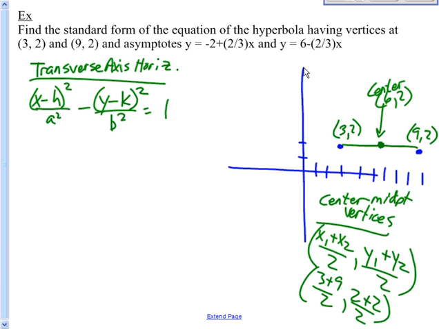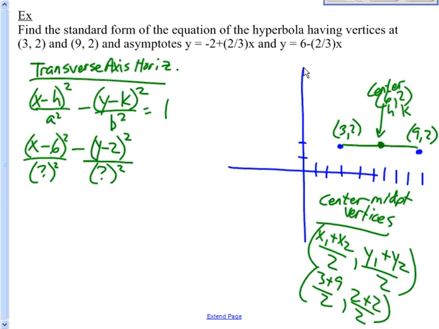Anyways, this ends up being (6, 2). So there's your h and your k. So x minus 6 squared over, I don't know yet, squared, and then y minus 2 is your k, and then I don't know yet either.